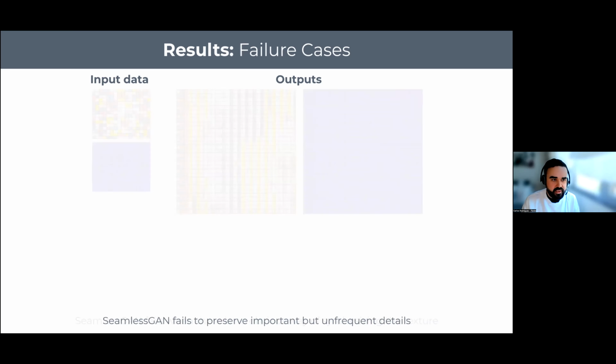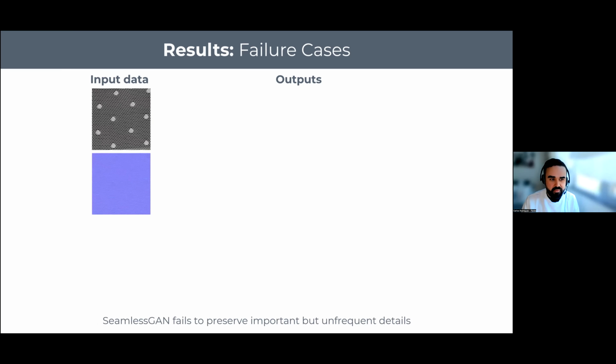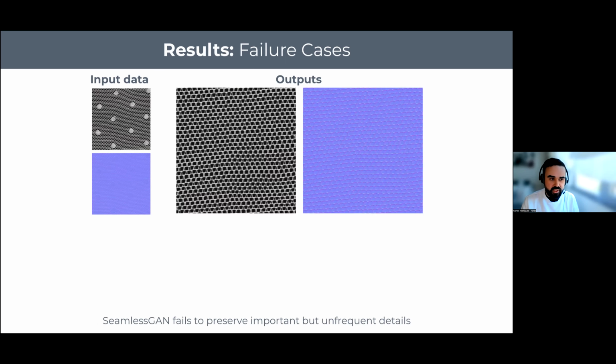In other cases, for example, in this case where there is a structure to the texture that is not that frequent, but it's important, what SeamlessGAN typically produces is this kind of output where it essentially ignores the white dots in the original texture. So the infrequent parts of the textures are typically ignored by SeamlessGAN, which is kind of a limitation, even though this result looks okay.